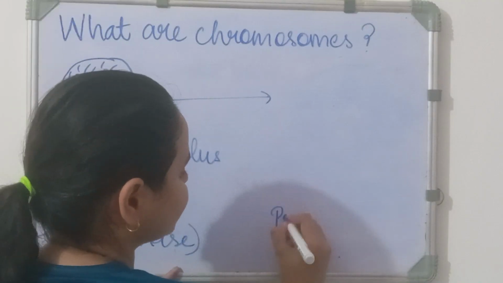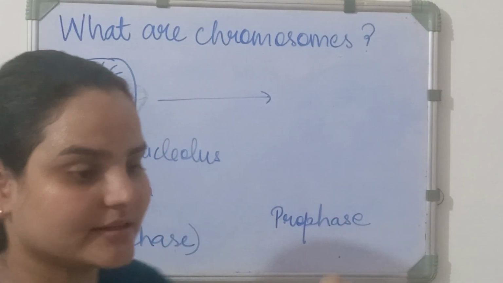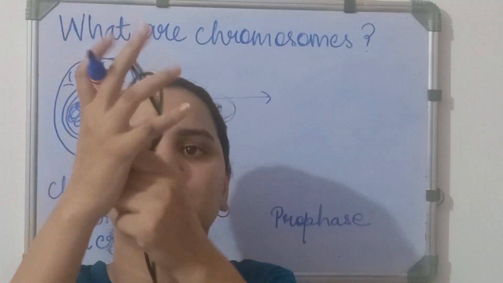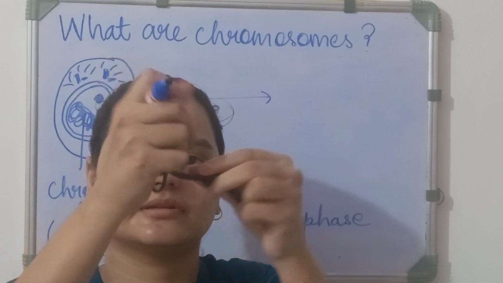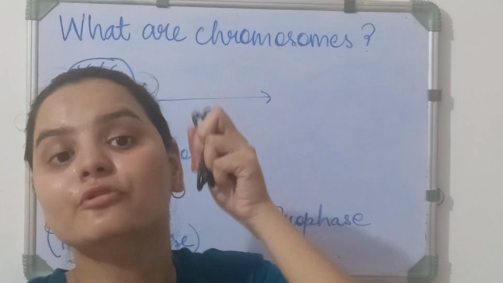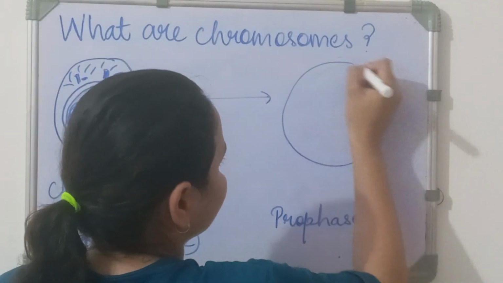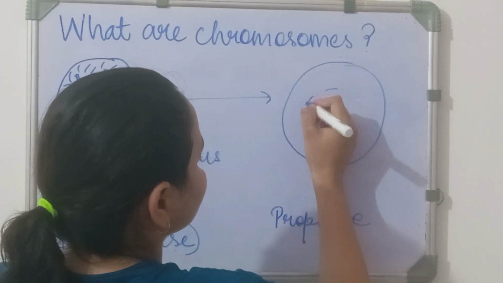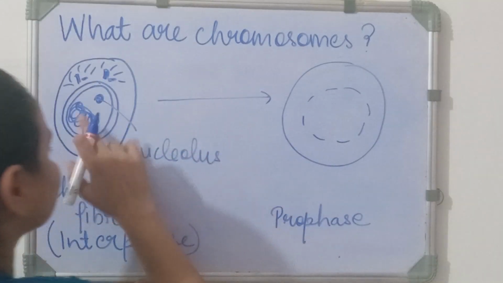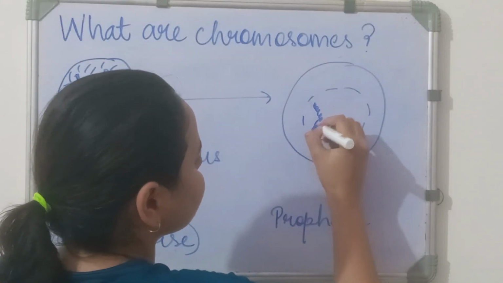From the interphase stage the cell reaches the prophase stage. I will draw the prophase stage. In prophase this is the chromatin. This chromatin condenses like this and forms chromosomes. So this is our cell. The nucleus also degenerates, and the chromatin has condensed and formed chromosomes.